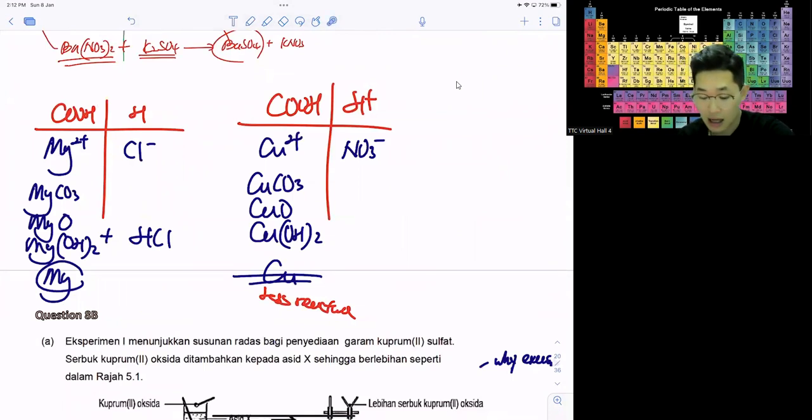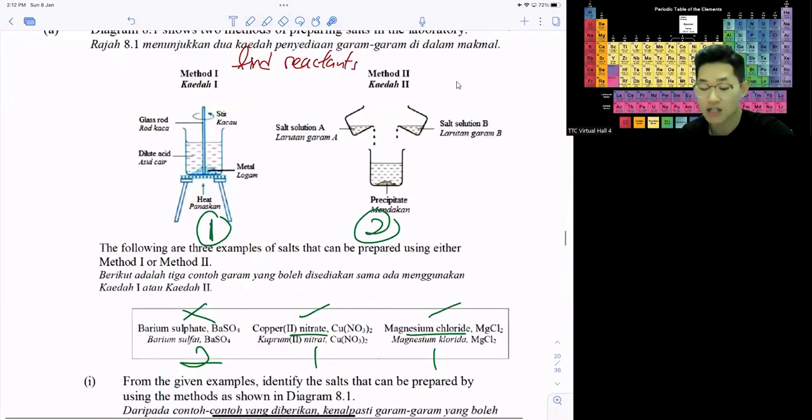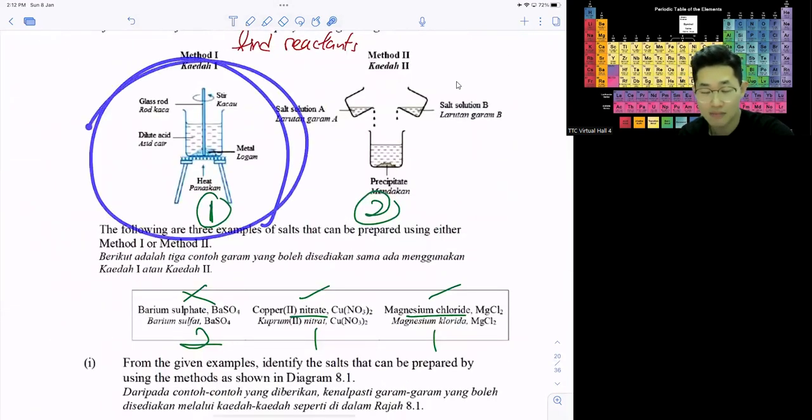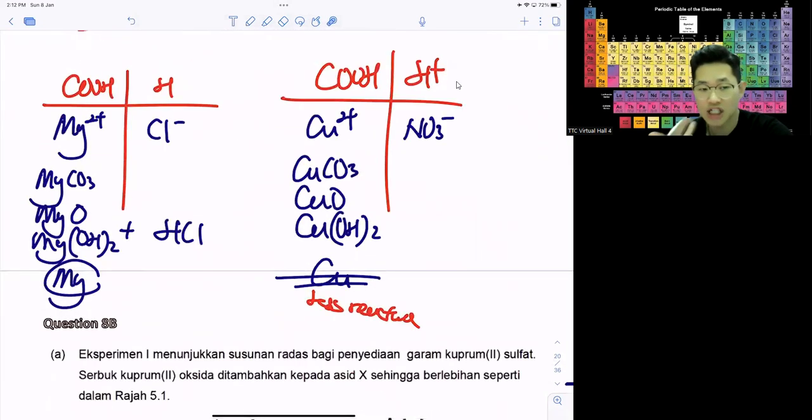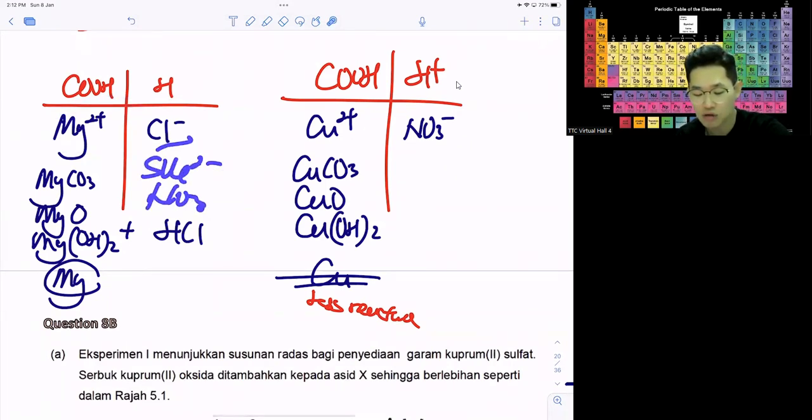Remember, for making salt, since the question says they are going to ask you acid plus metal, be very careful. If they want you to suggest a salt, you have to remember one of the examples, like magnesium sulfate. Up to you, magnesium chloride, magnesium sulfate, magnesium nitrate also can.